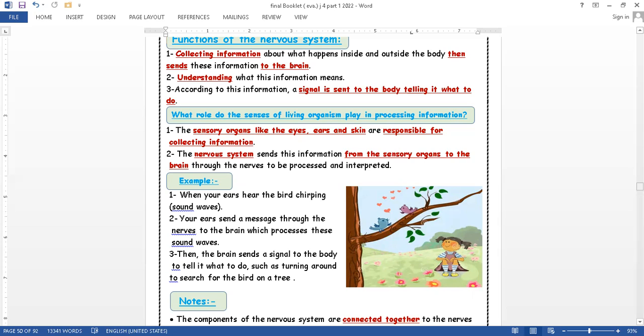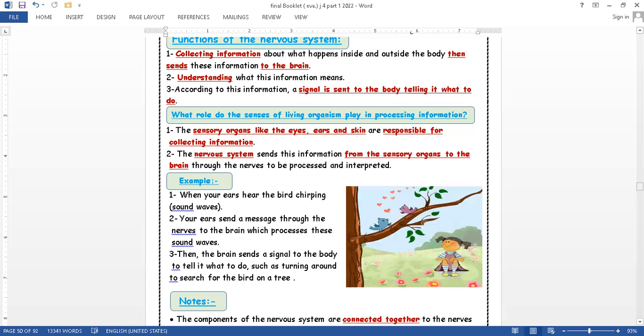When your ears hear a bird chirping, which means the birds that surround us produce specific sound waves, your ears send messages to your brain through nerves, which processes these sounds. After that, the brain responds with specific signals to tell the body what to do, such as turning around to search for the source of the sound, or where the bird is on the tree.